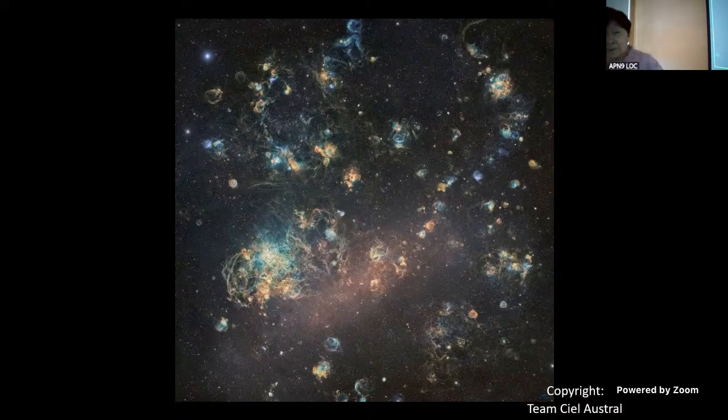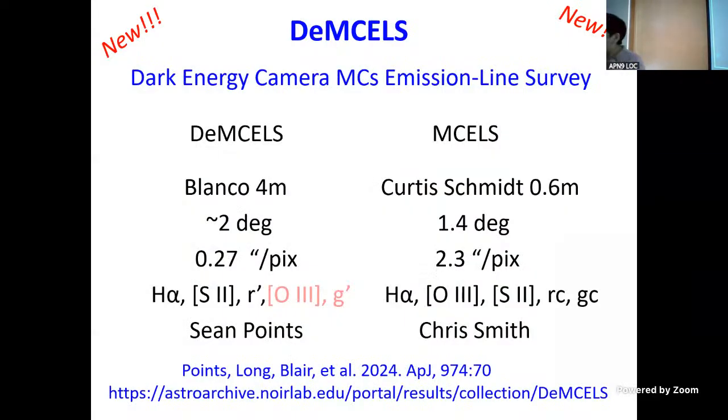Okay. So the solution to this is we use a Dark Energy Camera and a 4 meter telescope, not to beat them, but to try to complement them. And so this new survey is called DAMCEL. It's using the Blanco 4 meter telescope. Using the Dark Energy Camera, the field of view is about 2 degrees. MCELS used a 0.6 meter Curtis Schmidt telescope.